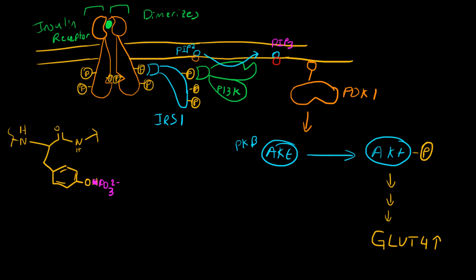And again, I mentioned that these are in adipose cells and skeletal muscle cells. And by upregulating GLUT4, it serves as a way to take out all of this excess glucose from the blood and stick them either into glycogen stores or fatty acid stores or triacylglycerol stores elsewhere.